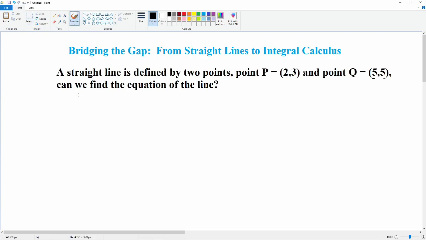Right, so we had f of x is equal to 2/3 x plus 5 over 3. Okay.